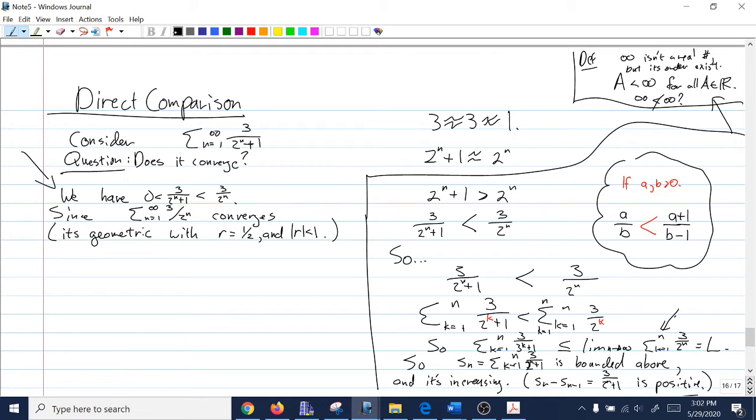Anyway, since this series converges, we have the given series converges as well by direct comparison.